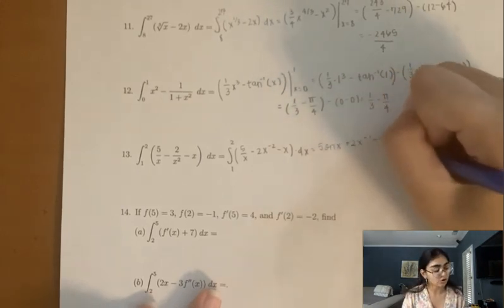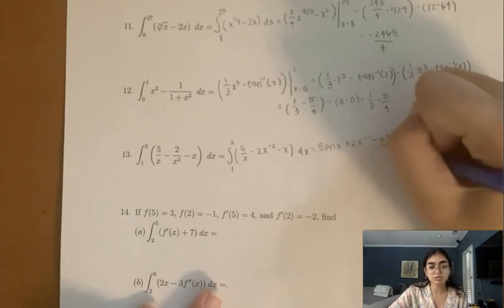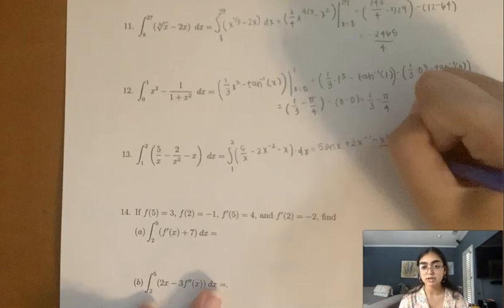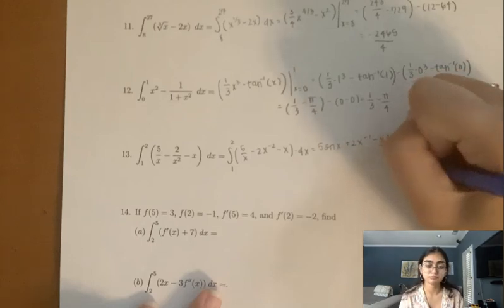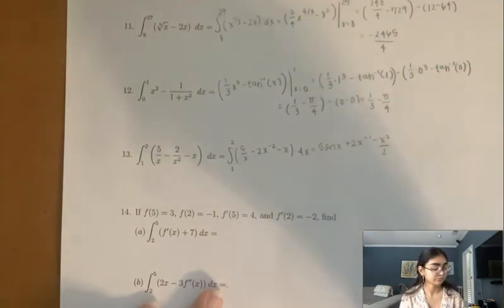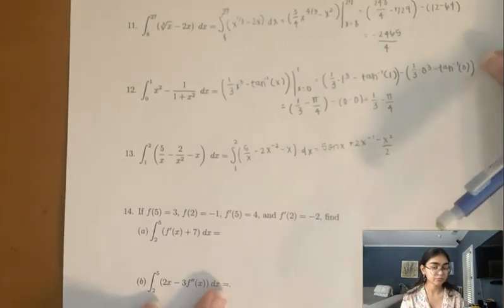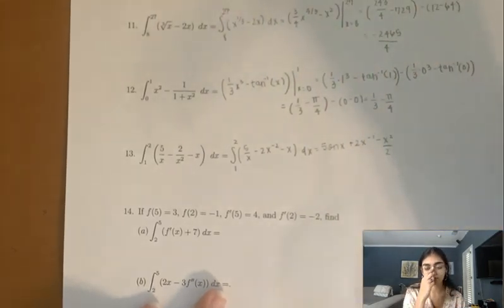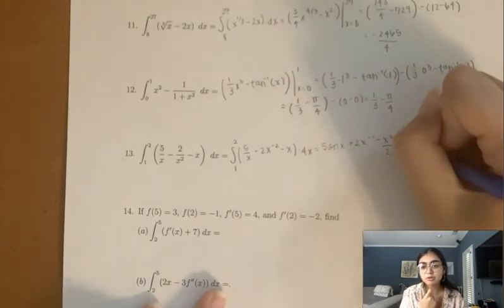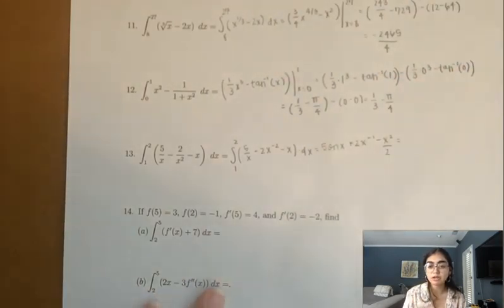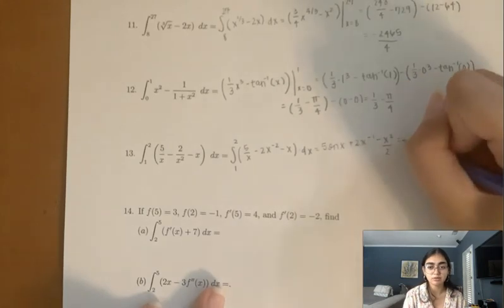Minus x squared over 2. And that's just taking the original exponent of that final variable, 1, and adding 1. So we get x squared, and then just divide by that 2. Then we're going to plug in 2 and 1. And again, remember to put parentheses around your top component and your bottom component when you're writing these out.